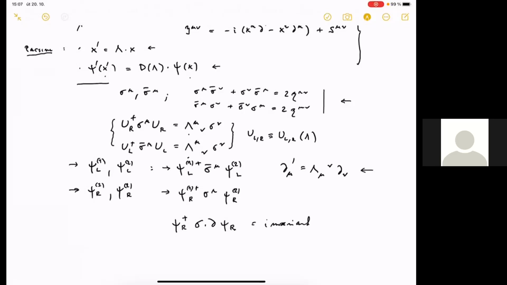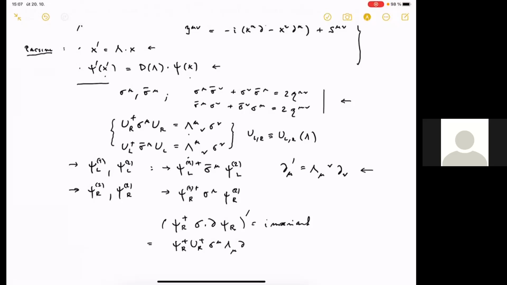Simply because under the Lorentz transformation, the right-handed spinor transforms according to the relation psi_R goes to U_R psi_R, and the derivative transforms as Lambda^mu_nu d.